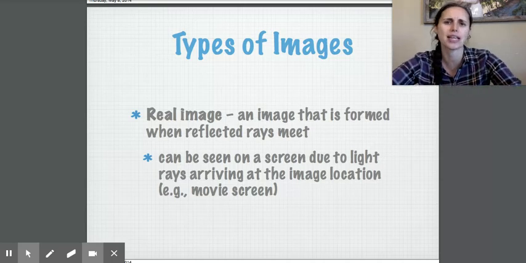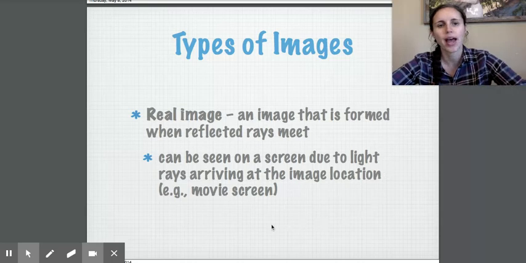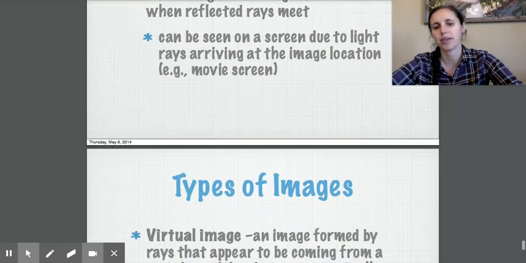I'm going to show you this in a lab that we do. A real image can be seen on a screen due to the light rays arriving at the same image location. So you've actually seen real images before. Anytime that you go to the movies and you are looking at the images on the movie screen, those are actually examples of real images. Real images are able to be projected onto a screen.